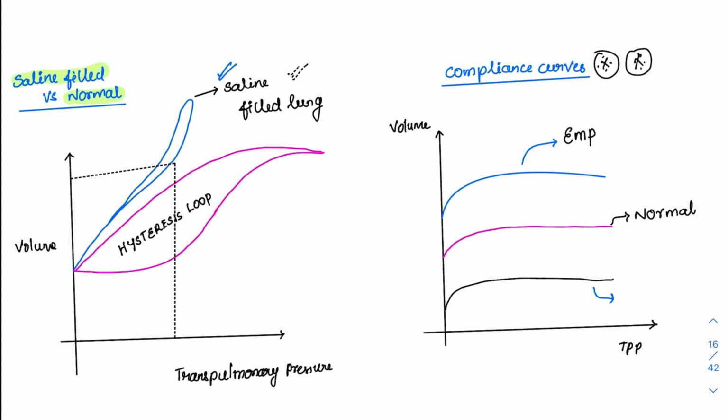Already I told you, in emphysema there is loss of elastic tissue. Elastic tissue wants to collapse the alveoli. Now, with loss of elastic tissue, the distensibility is increasing. And whenever the compliance is down, it is any kind of restrictive disease, for example fibrosis of lung. So this is all about our compliance curves.